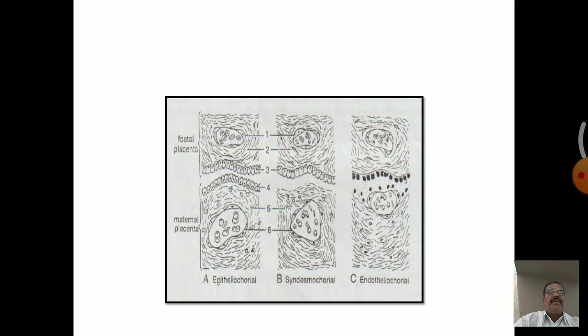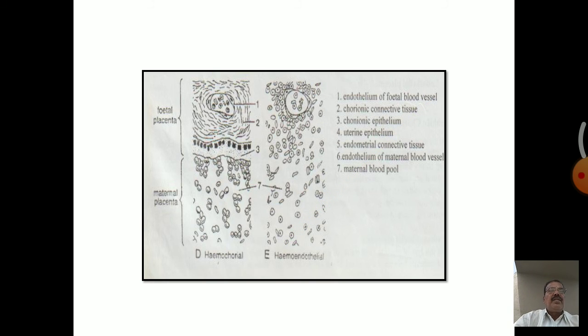So the diagram shows the presence of types of tissues to recognize the classification of placenta based on histology. So first one is the endothelium, connective tissue, epithelium, connective tissue, and then endothelium of fetal blood, and then uterine blood. So three layers are found in the fetal placenta.